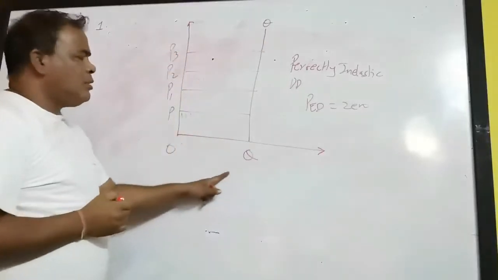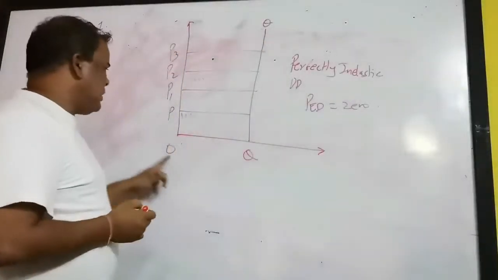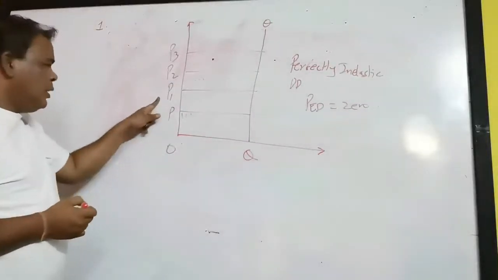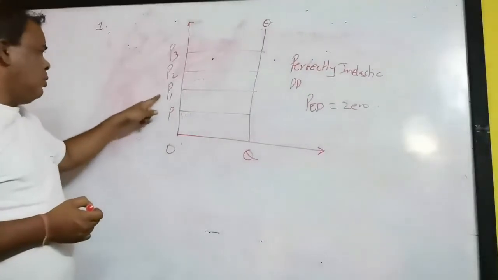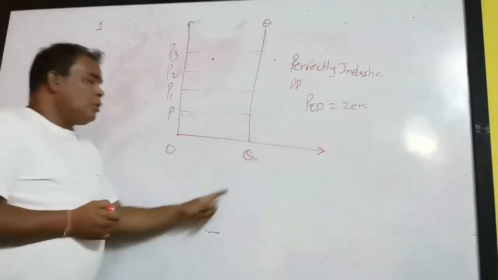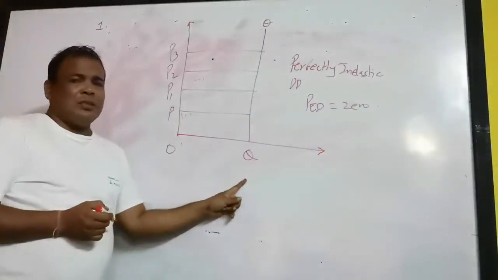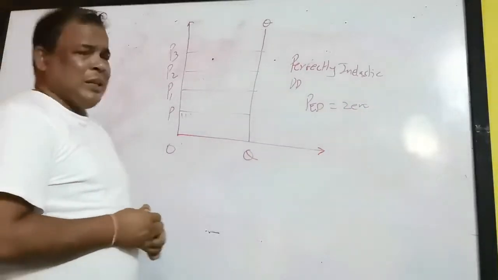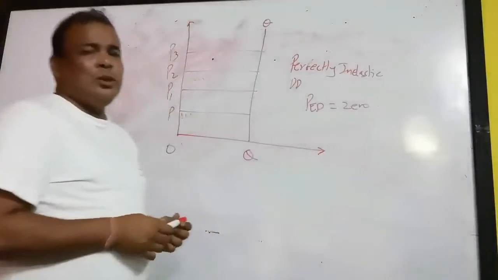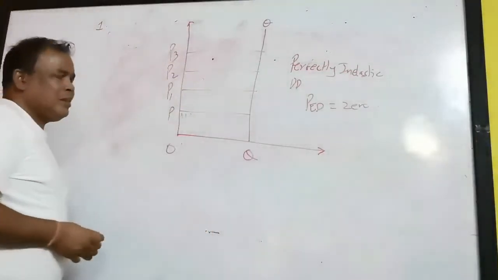Quantity demanded remains the same. When price rises from OP to OP1, quantity demanded remains the same. When price rises again from P1 to P2, quantity demanded remains the same. But it is very rare to get a good which is perfectly inelastic.